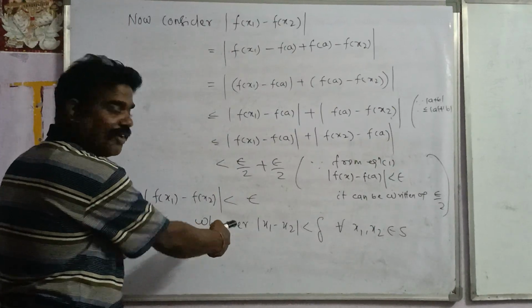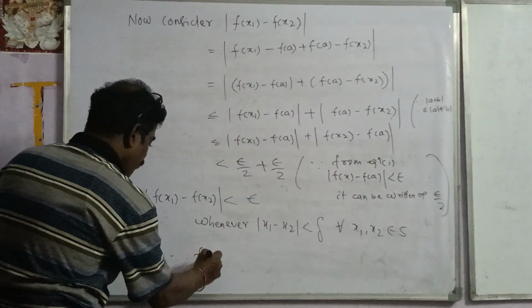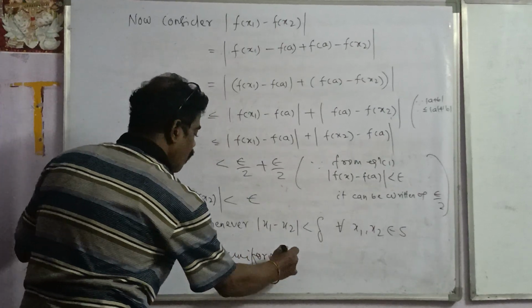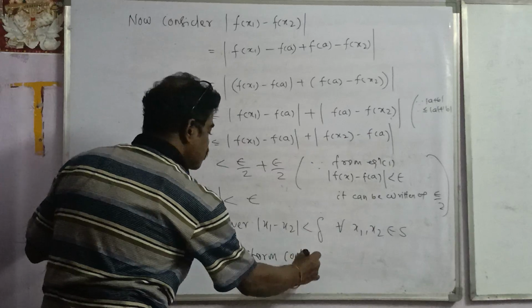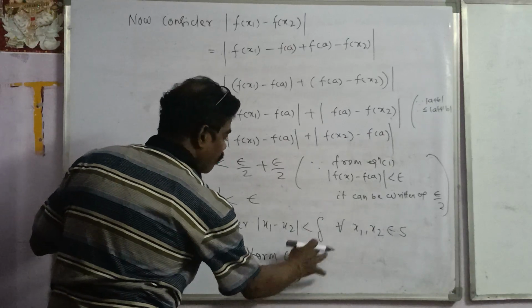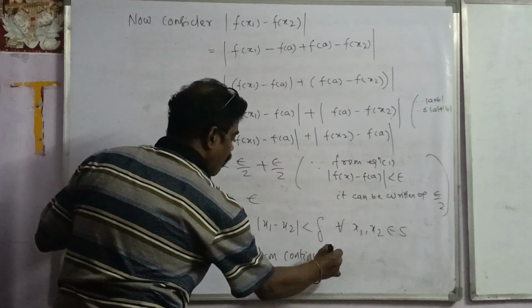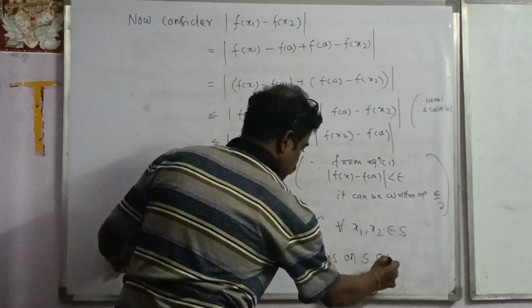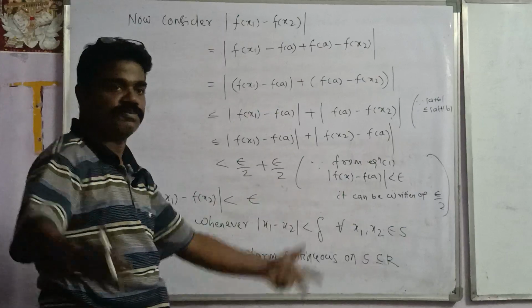Therefore, f is uniform continuous on S subset of R, hence proved.